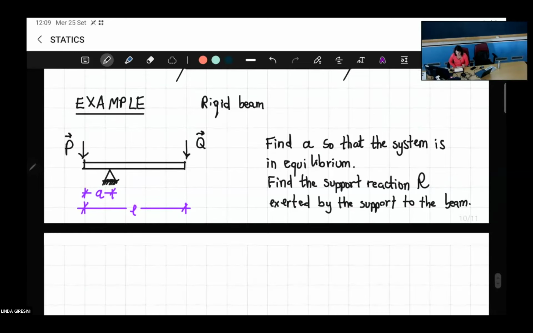Okay, so you have two requests which are connected, of course.